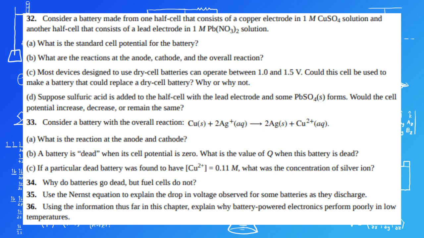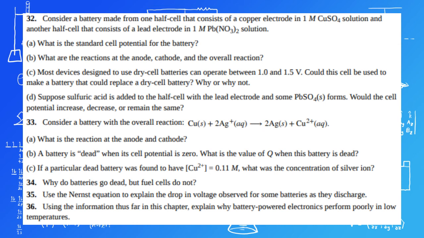Part D, suppose sulfuric acid is added to the half cell with the lead electrode and some lead 2 sulfate solid forms. Would the cell potential increase, decrease, or remain the same? Okay, so you're reducing the concentration of the lead ion.